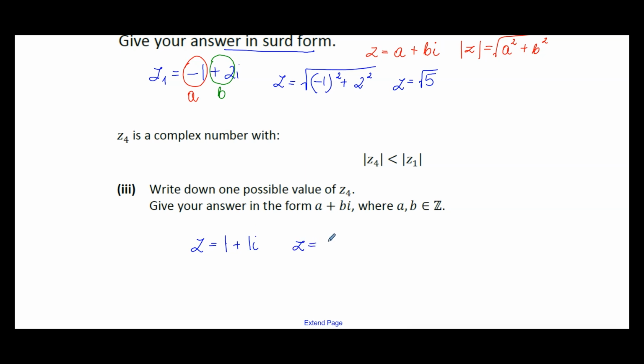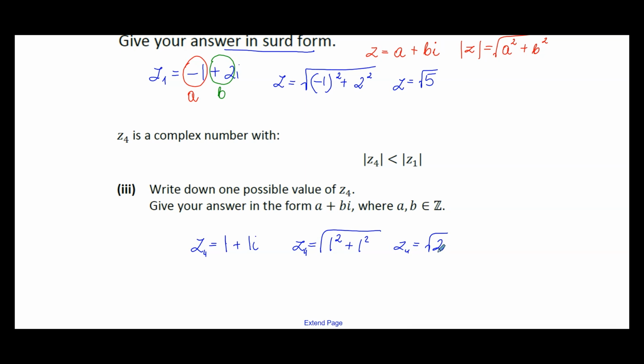Again, let's do the calculation. Z4 would be a, meaning 1 to the power of 2, plus b, 1 again to the power of 2, under the square root. We put that in the calculator and press equal, and our answer here is square root of 2.